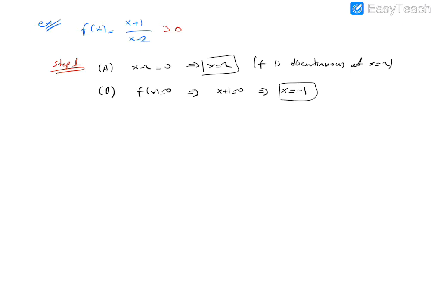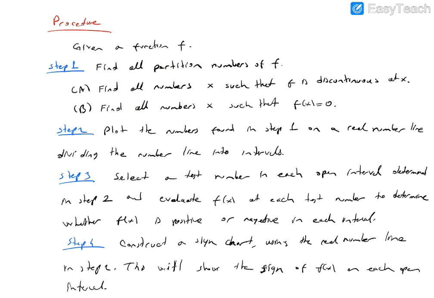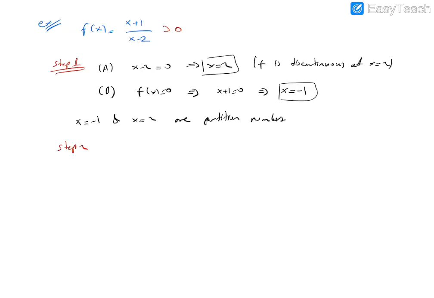So minus 1 and 2 are partition numbers, not points actually. Second step: plot the numbers found in step 1 on the real number line, dividing the number line into intervals.